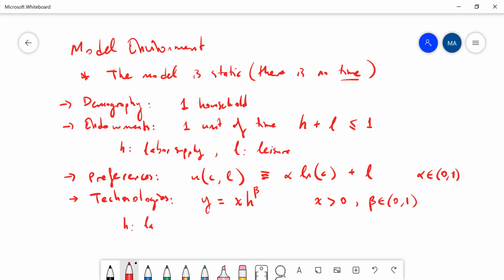H is labor demand by the firm, Y is output, and X is productivity. And productivity is exogenous. So that's the model environment.